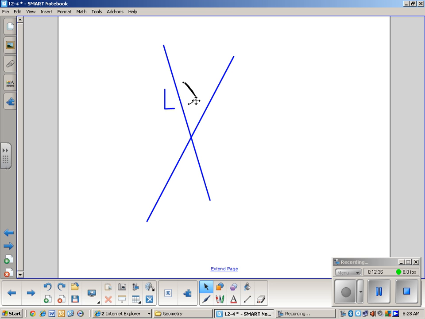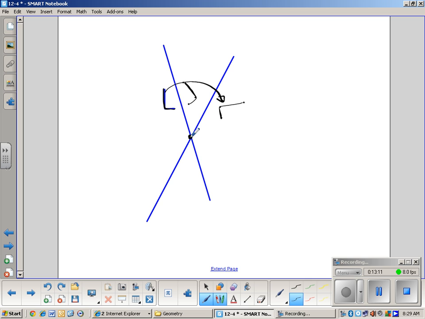And then when I reflect that over this line, I get this. The result is this initial L was rotated around this point of intersection. So the point of intersection is the point about which we're rotating our shape.